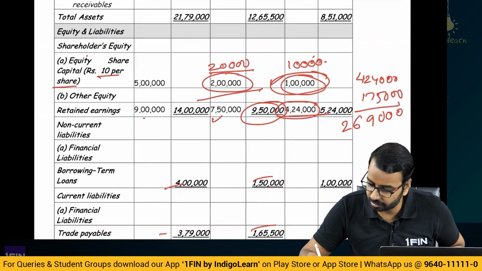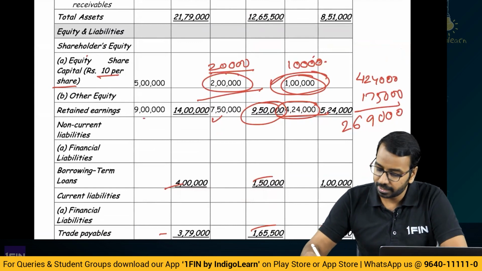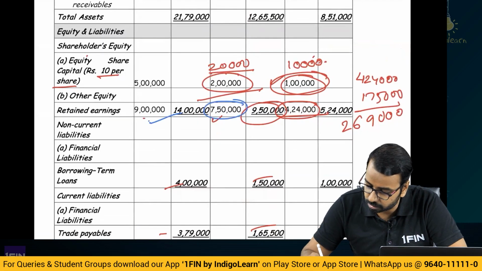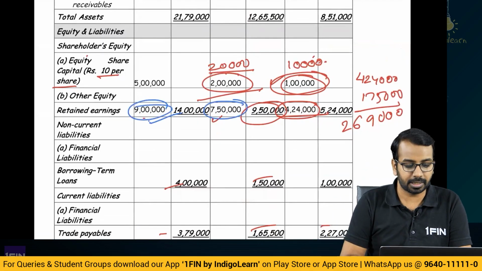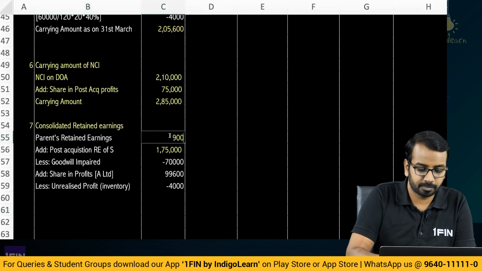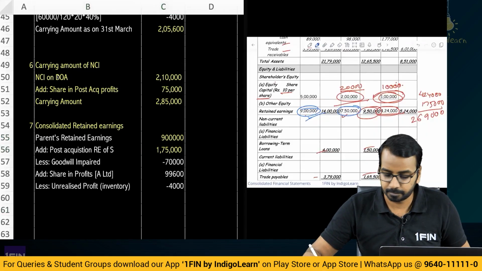We have taken the retained earnings of parent, then it is 9 lakhs, retained earnings is 9 lakhs, I think we have taken 14 lakhs. Yes, this has to be 9 lakhs. Okay. Then, okay, so retained earnings is 9 lakhs.